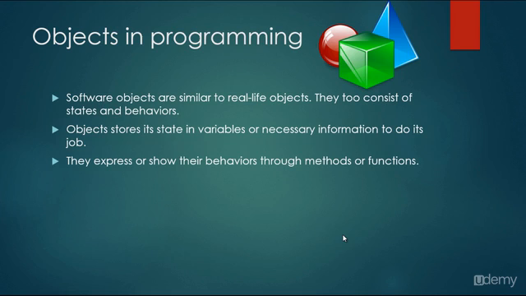So yeah, objects store variables. They can have different methods, different functions, and these variables are used to store information pertaining to that class. So if you want to store, say, on your cell phone, a telephone number, right?